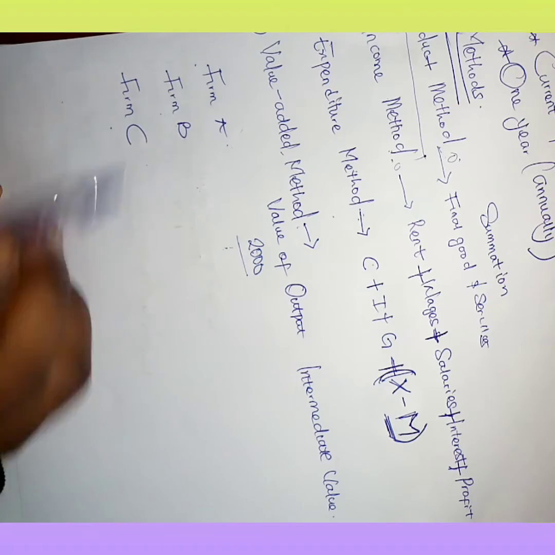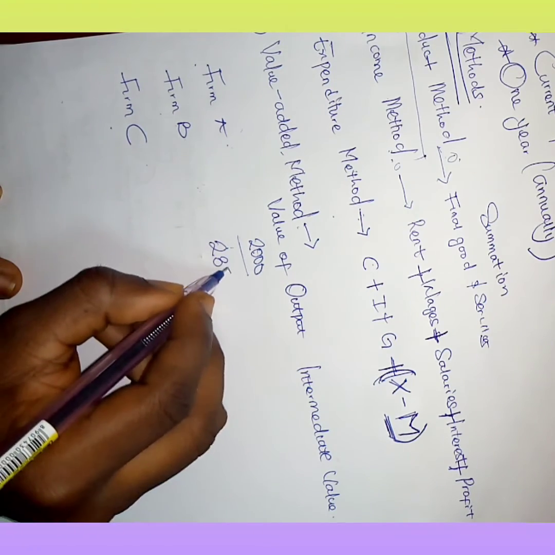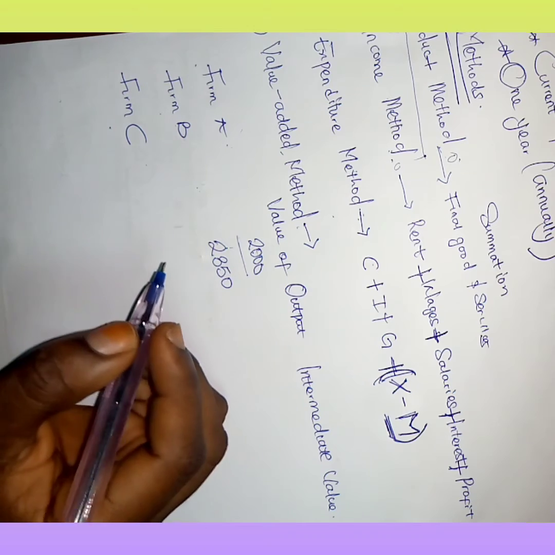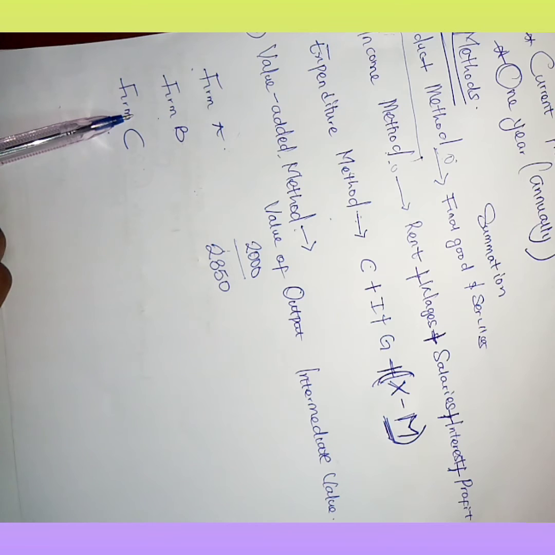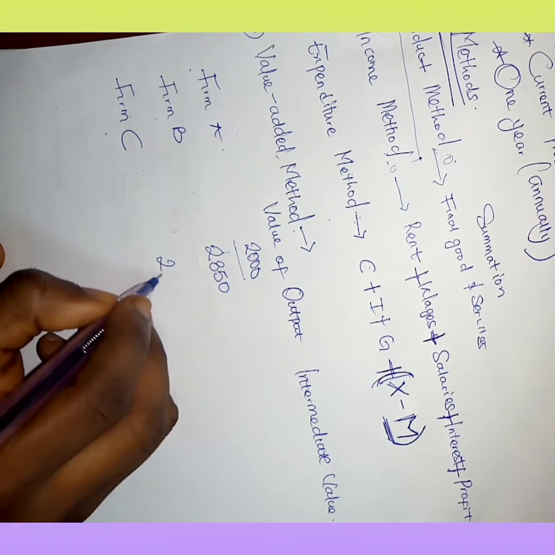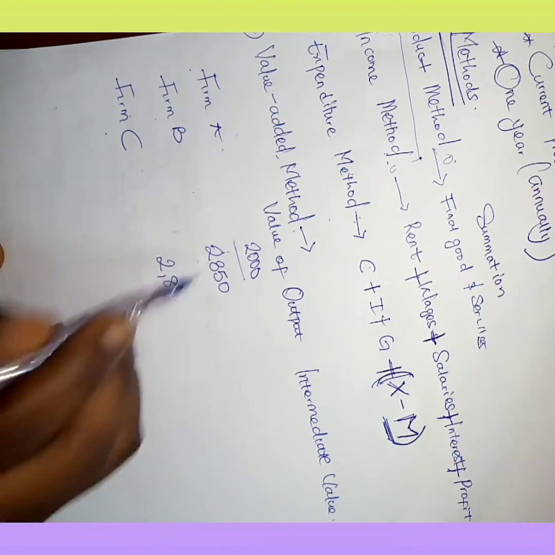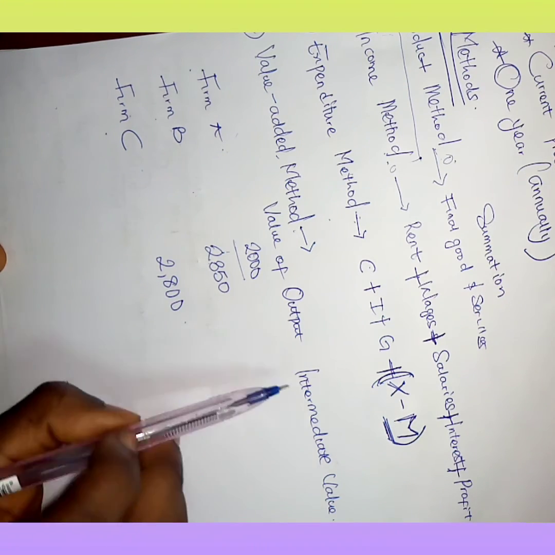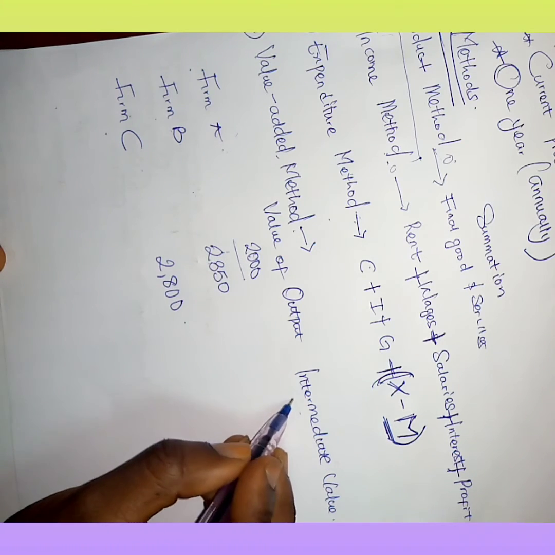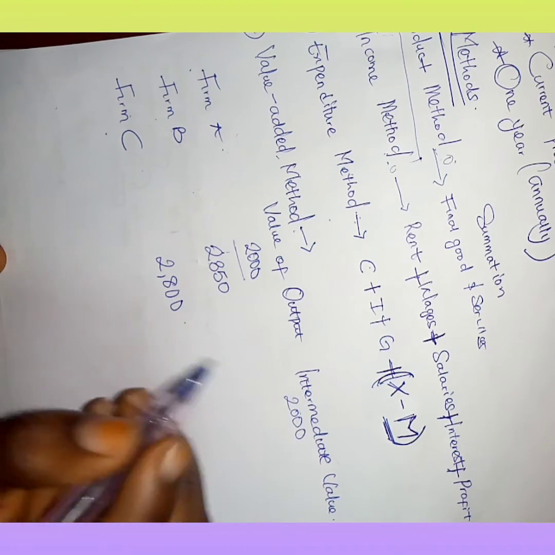So the value of output by firm B we can say is 2,350. And let's also assume that firm B sold that same clothes to firm C, and firm C added another value to the clothes by designing them. Let's assume firm C added a value worth 450 naira. So the total value of the clothes now will be 2,350 plus 450. That's 2,800.